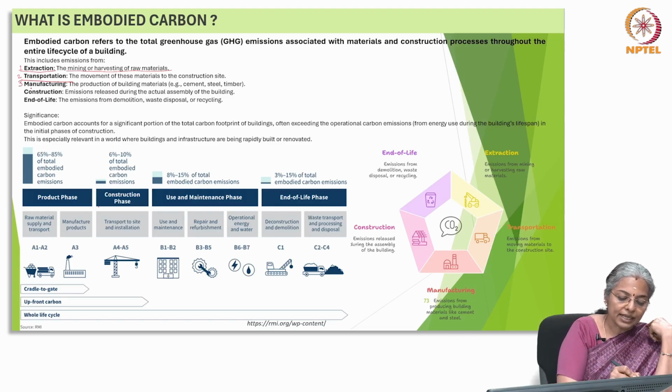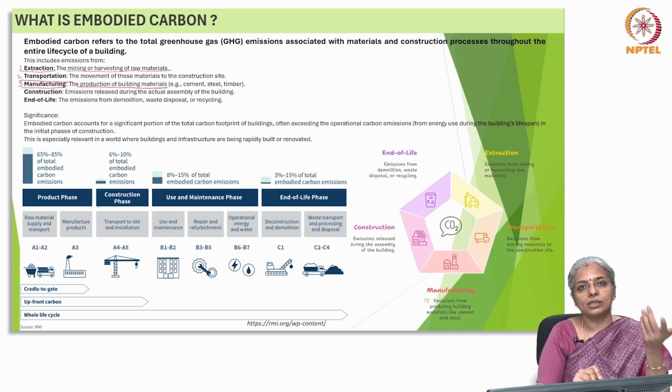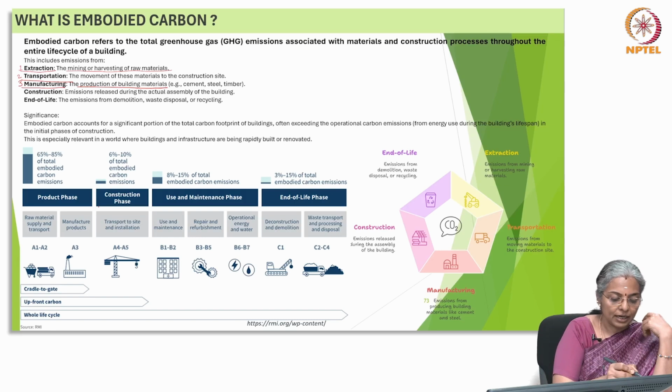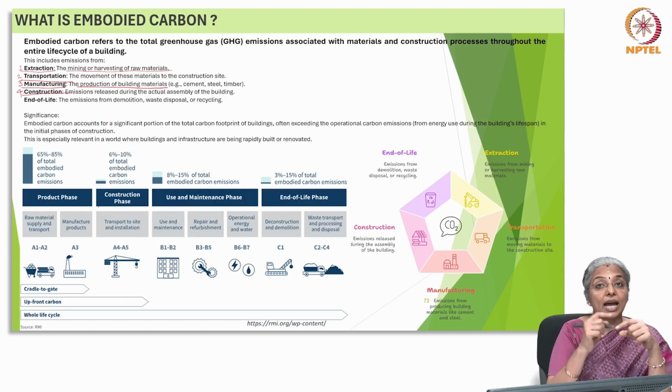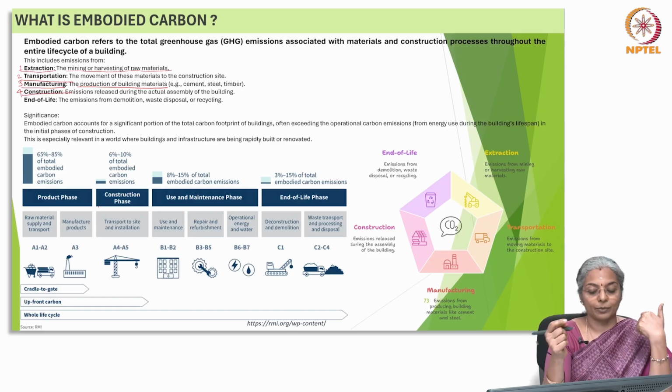It includes the energy required for production of building materials. For example, cement or steel or plastic require certain processes to be manufactured from raw material. So, that energy required for manufacturing, plus the energy required for construction, which is the emission released during actually building the building, or assembly or erection of the structure.